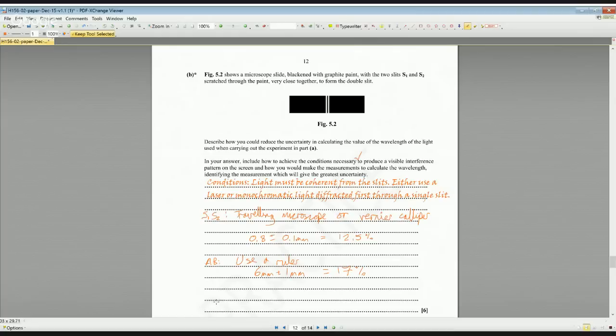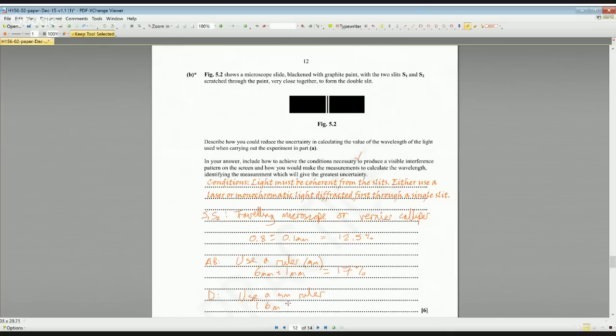It seems logical that the final measurement D is going to be much less than that, but let's calculate what it is. So D, use a millimeter ruler. So we should say for AB that was a millimeter ruler as well. This time you've got 1.6 meters.